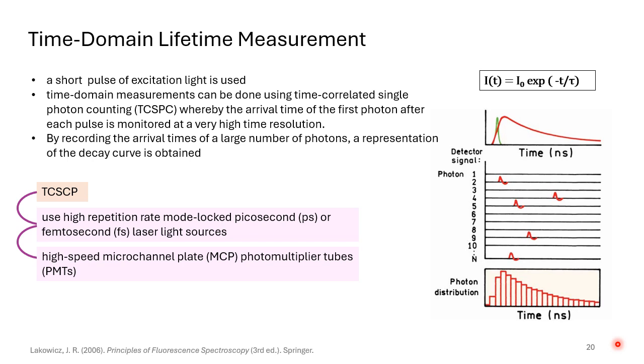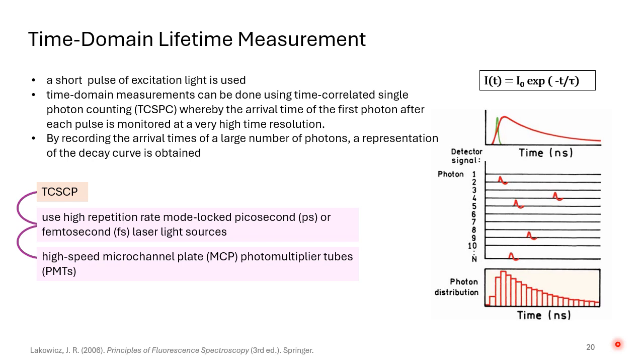So what is the procedure here? First we give one pulse. So excitation occurs and the machine starts to record the time from the very first moment the excitation occurs. Now when the first photon is detected in the detector, the machine stops recording the time.